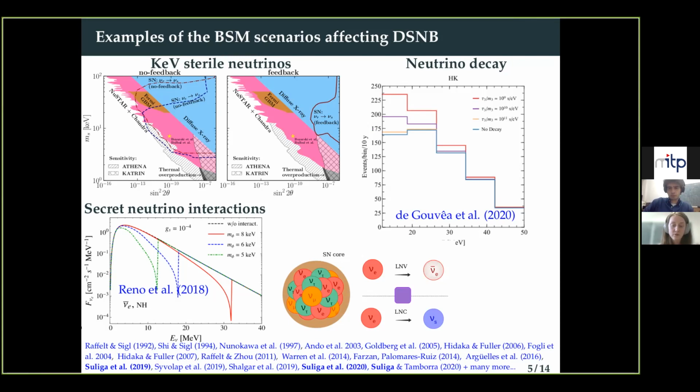So if the new physics predominantly couples to the X flavor, so the mu and tau flavors, it is essential to detect the DSNB in all flavors and to see if the new physics is there.